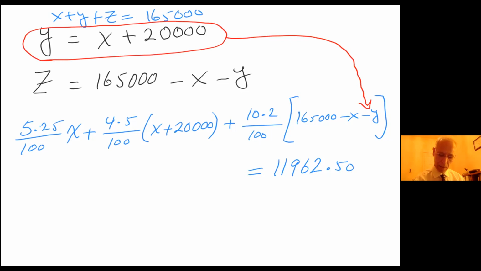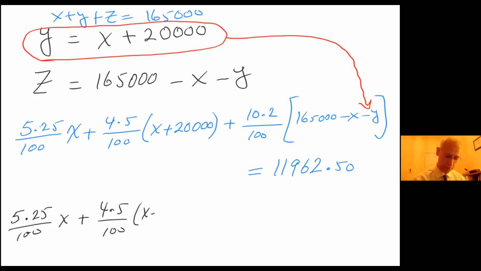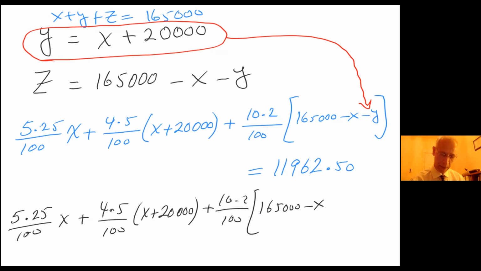So 5.25 over 100 x plus 4.5 over 100 times x plus 20,000, plus 10.2 over 100 times 165,000 minus x plus 20,000. All that equals 11,962.50.